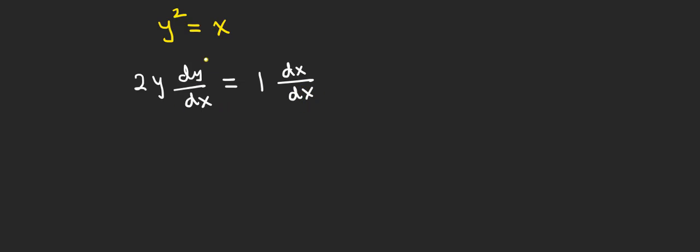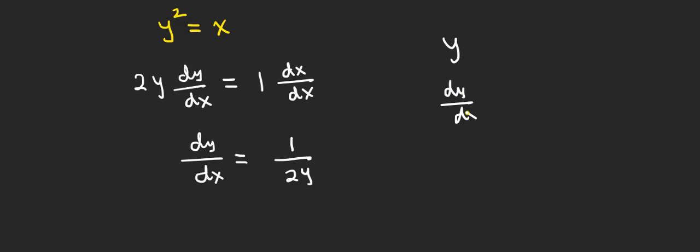So now you need to isolate dy over dx by itself. Therefore, dy over dx is 1 over 2y. So basically, whenever you take the derivative of y, that becomes dy over dx. And whenever you take the derivative of x, that just becomes dx over dx.